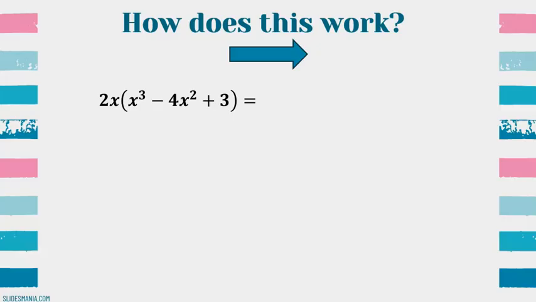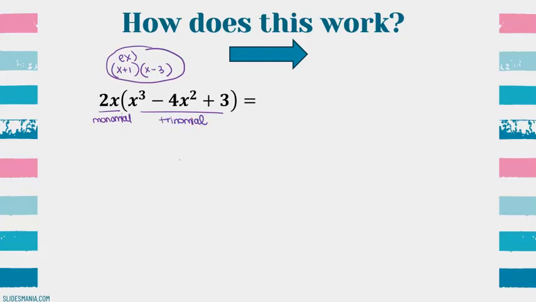I would compare this to what we were doing with the box method, where we would have two binomials multiplying with each other. This is just an example. But this time, instead of having a binomial times a binomial, we have a monomial times a trinomial. This is our monomial, and this is our trinomial.